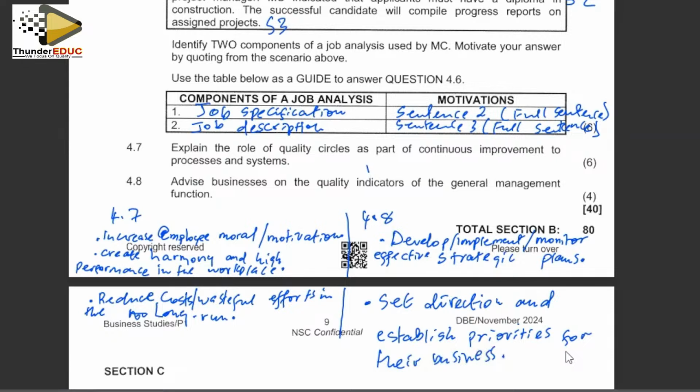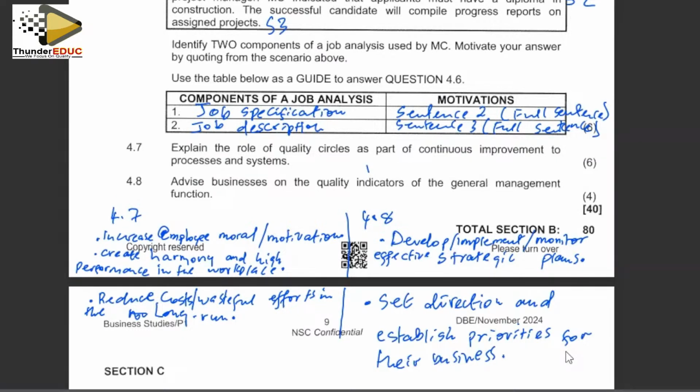Okay, grade 12. You're saying that one of the quality indicators of the general management function is to develop or implement or monitor effective strategic plans and also set direction and establish priorities for their businesses.